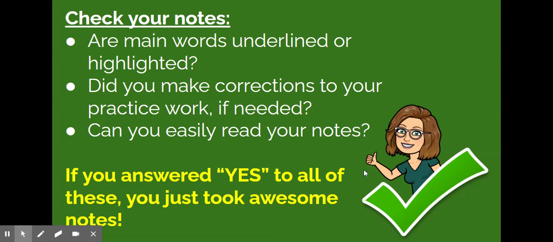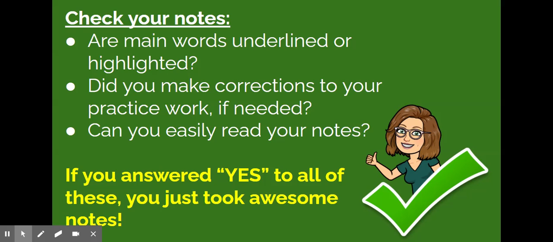And that's it. So I want you to check over your notes. If you were using the PDF copy that you either printed at home or had in your language arts notebook, I should be able to see some highlighting on there, some writing, making notes.